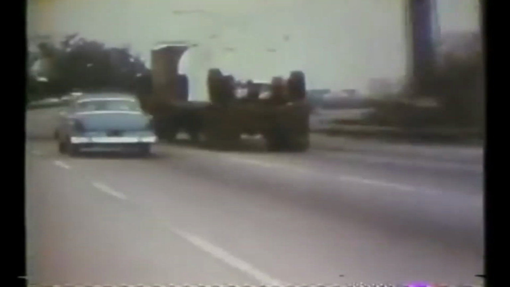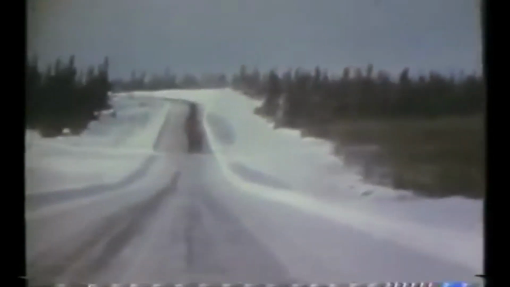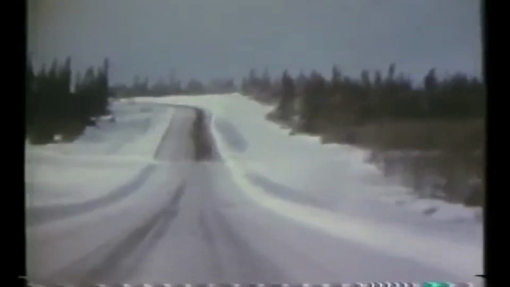Transporting the equipment on an open flatbed truck over 3,000 miles of highway from a staging point near Santa Ana, California, to test the durability and complete mobility of the equipment. Northward, the carrier rolled with its valuable cargo across the Canadian border, thence by way of the glistening white thread of the Alcan Highway into the Canadian Northlands.